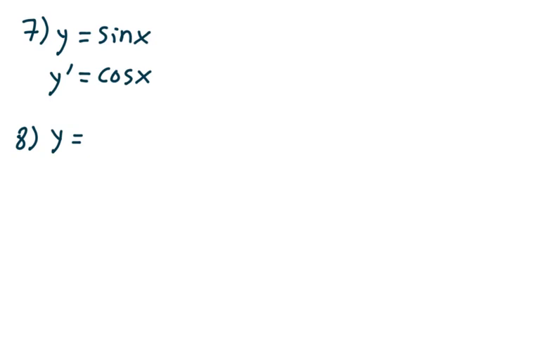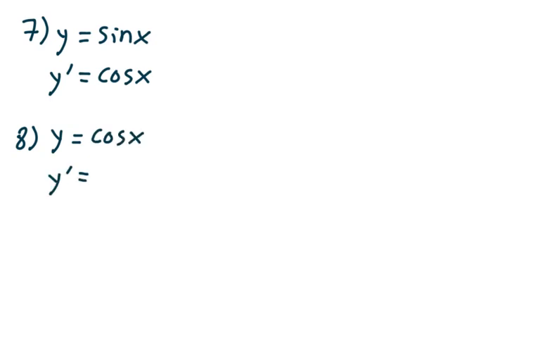Now, from here, what I want to do is take a look at the 6 trigonometric functions. Suppose y equals sine of x. Y prime is cosine of x. Number 8. Suppose y equals cosine x.